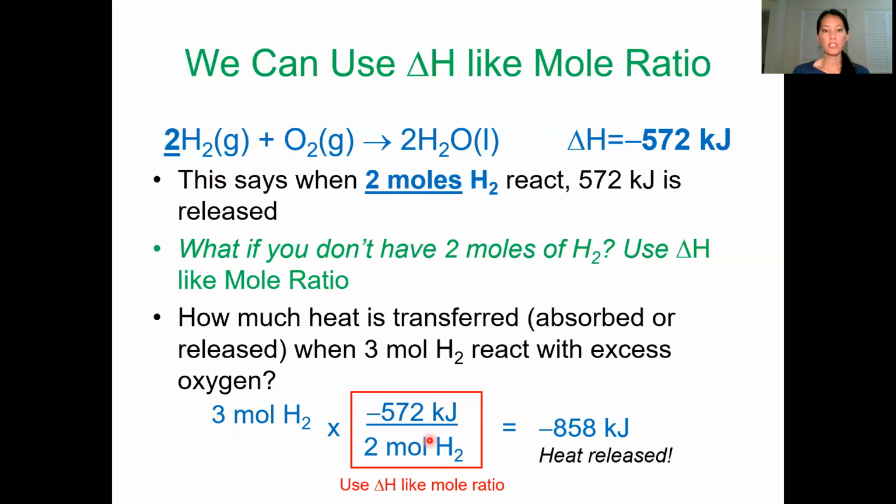So just like a mole ratio, I put the 2 moles of H2 on the bottom to cancel moles of H2, and then minus 572 kilojoules on top. Notice I carried the minus sign. This is important because at the end, it'll tell you if heat is released or absorbed. Crunch the numbers, I get minus 858 kilojoules. Heat is released.